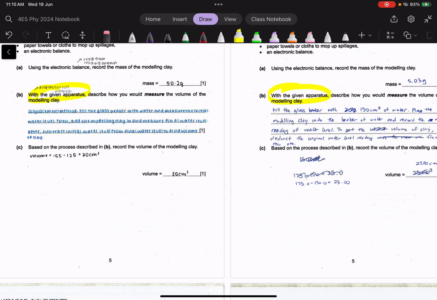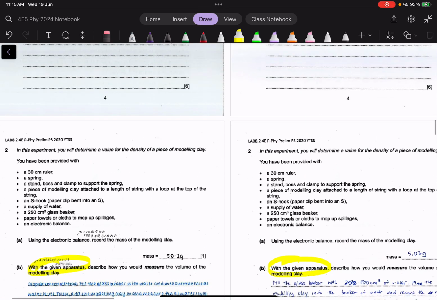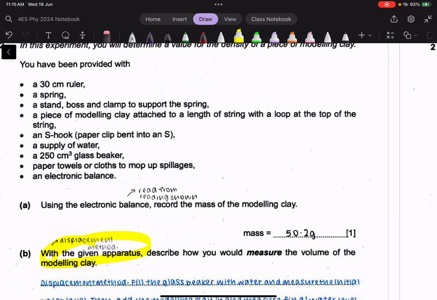When I set the question, I will plant something here so that the apparatus will not allow you to do your job properly. So among all these apparatus, one of them is the reason why the reading is off. Question 2 is set this way. You play around with the apparatus.